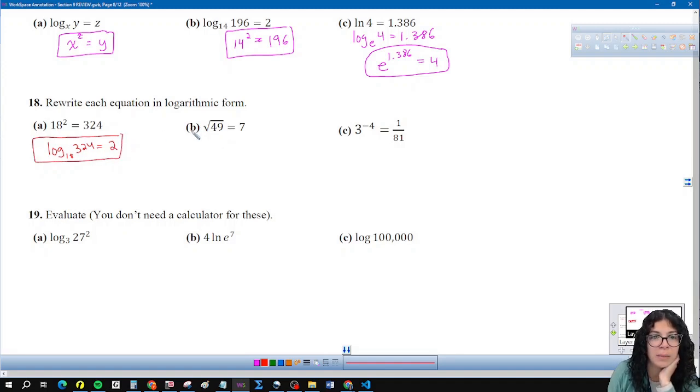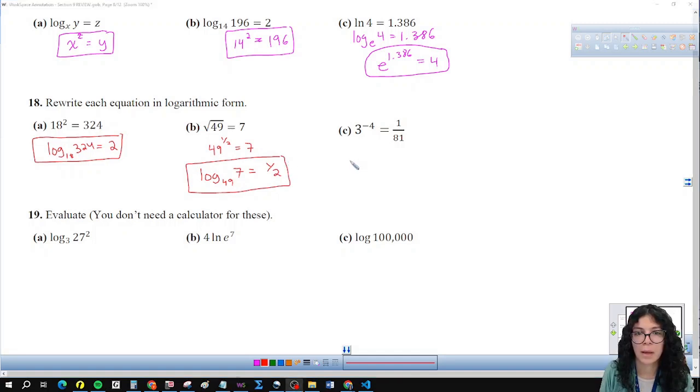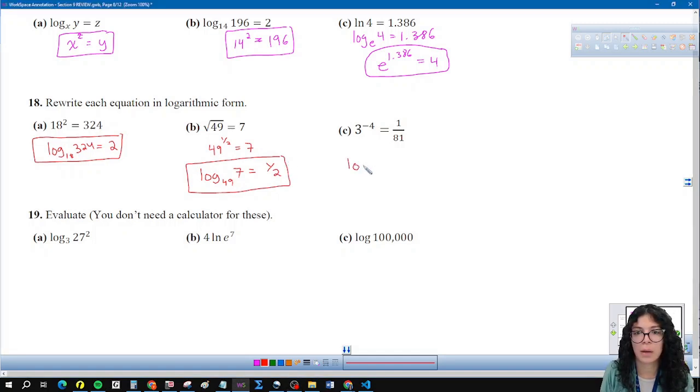On part B, notice that there is no exponent here for 49, but I know that if that's the square root, then the power for 49 is a half. So this would be log base 49 of 7 equals 1/2. Okay, for part C, that would be log base 3 of 1 over 81 equals -4.